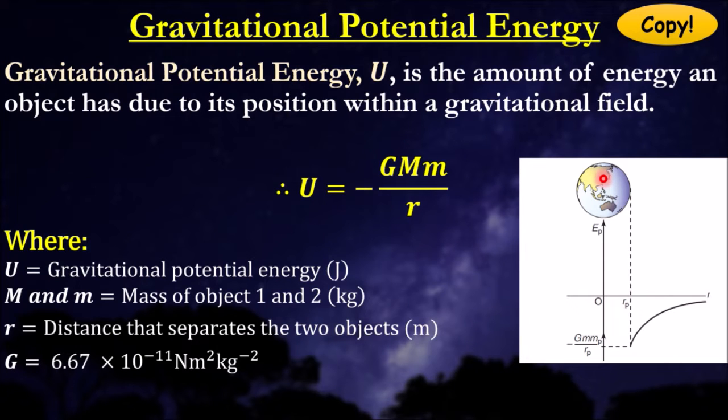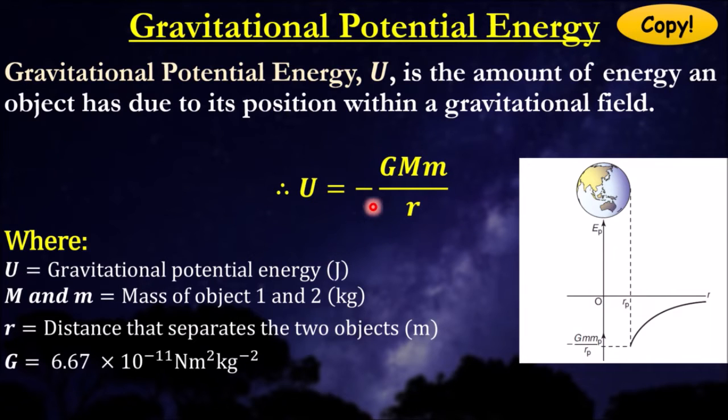So just before we go into the questions for gravitational potential, let's quickly summarize what it is. We said that gravitational potential is the amount of energy an object has due to its position within the gravitational field of a larger object. So if we have a small object attracted by the gravitational fields of a larger object, then this is the formula to express it.